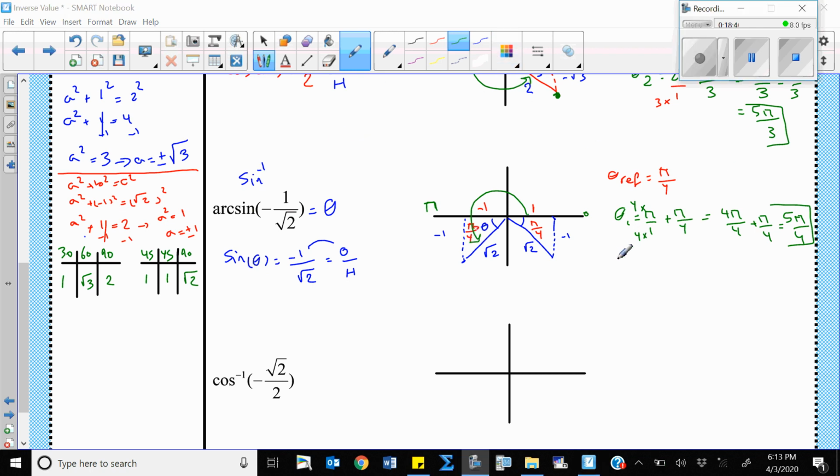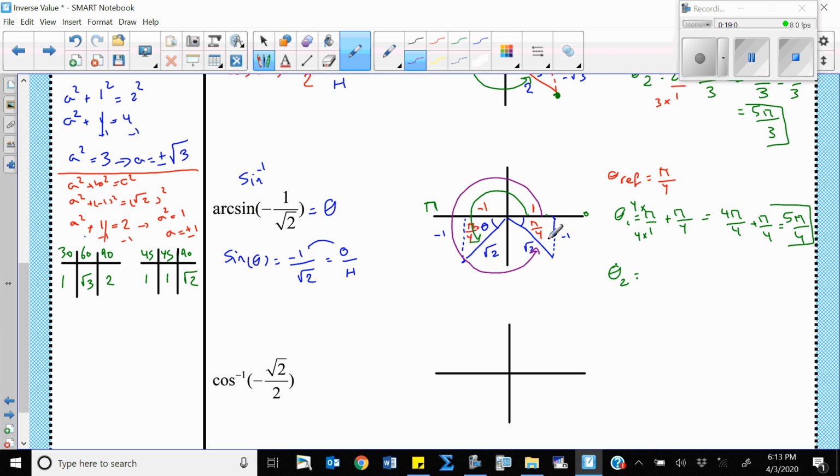Now let's find the second angle, theta 2. This time I need to move from here. Let me use another color. I start from here and I go in the positive direction and stop at this point. Now what is the measure of this one?